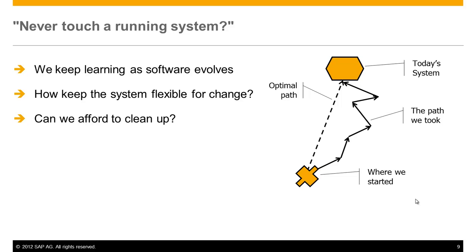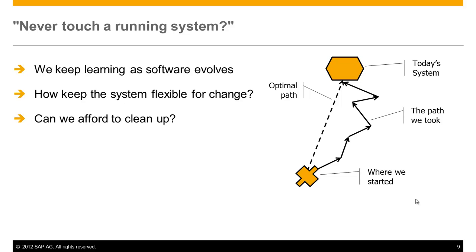Well, because we learn as the software evolves, or as a developer, when you start to develop something and you do it for a few days and you realize you are done, most of the time at the end you learn something on the way where you say, well, if I had known this before, I would have done it a little differently. And this happens on a developer level, but also it happens on a system level when it's on a larger time scale, of course.